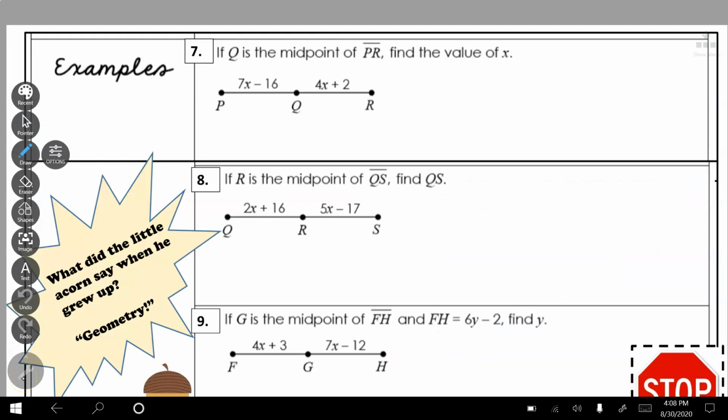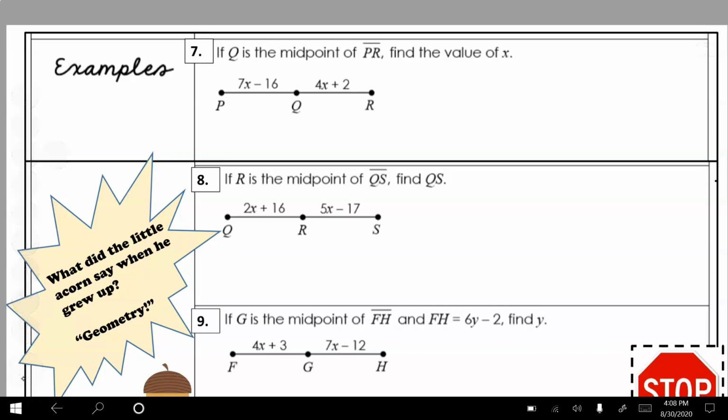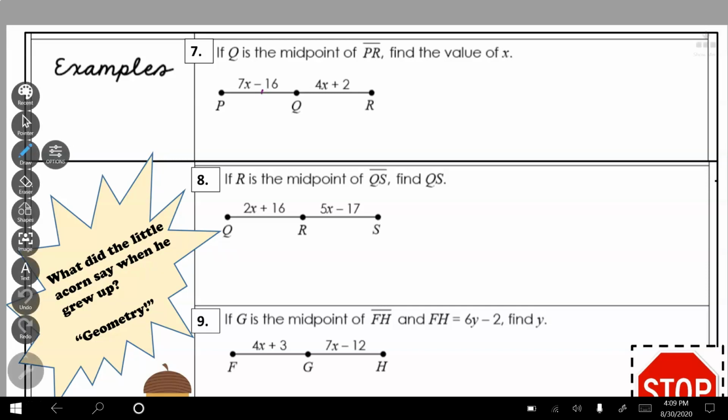So here are some examples that use this idea of a midpoint and bisecting a segment and having two congruent segments, or these little ticks. Since PQ is going to equal QR, because Q is the midpoint, I have to solve for x.